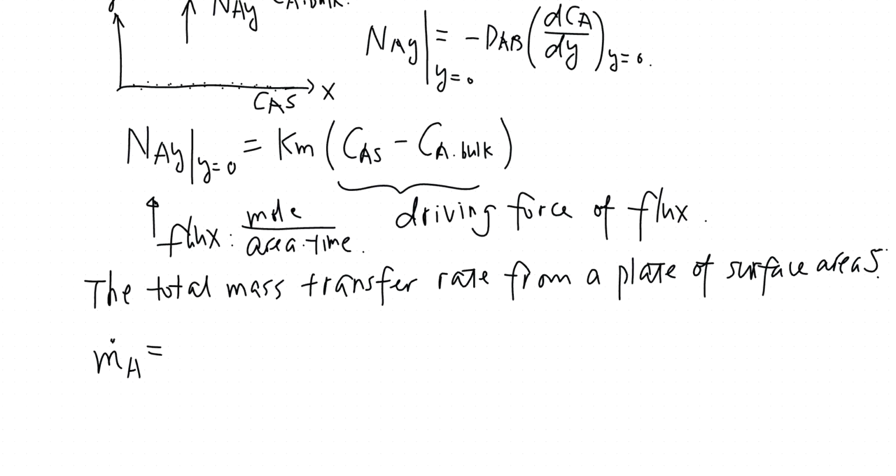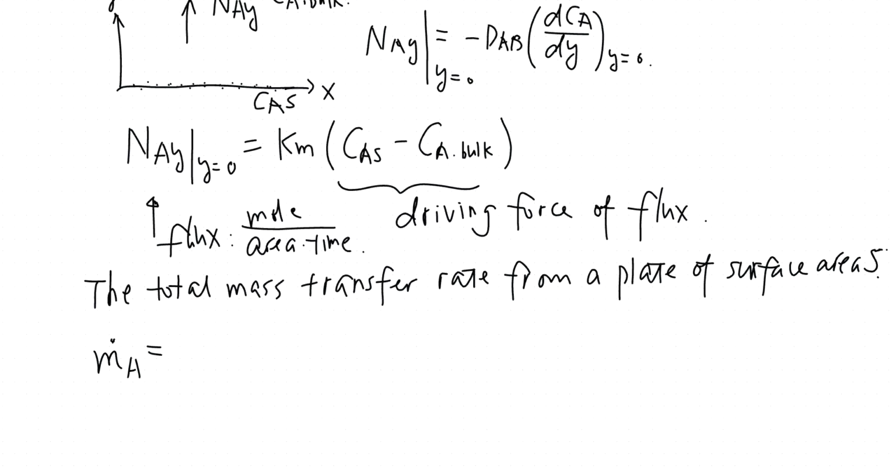It's mass, either gram or kilogram, per unit of time. You can first get the mole per unit of time, and then convert the mole into mass. So what you can do is find the flux and then multiply by the area.